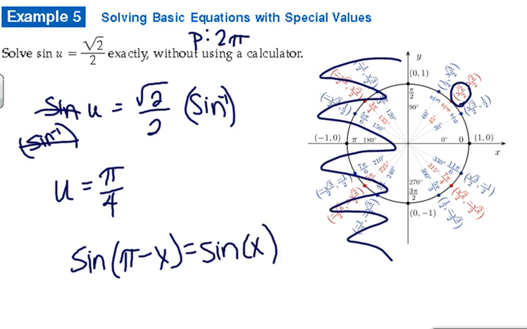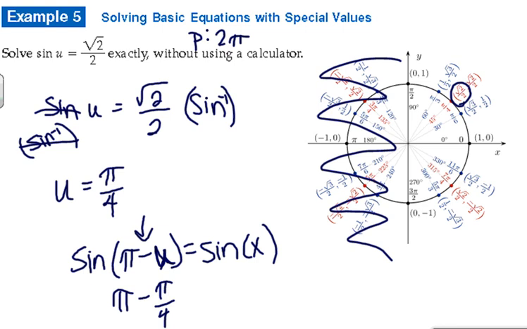So all we have to do is plug it in. We're not going to take the sine of what this is. We're just going to deal with this right here. We already know what x is, or in this case u. So we're just going to do pi minus pi over 4.